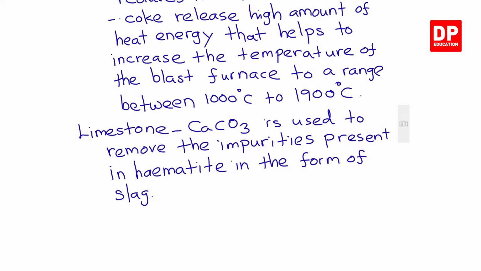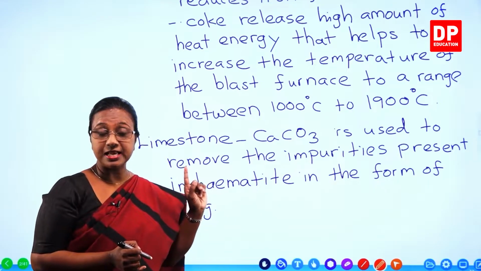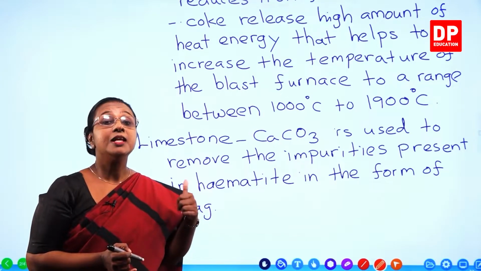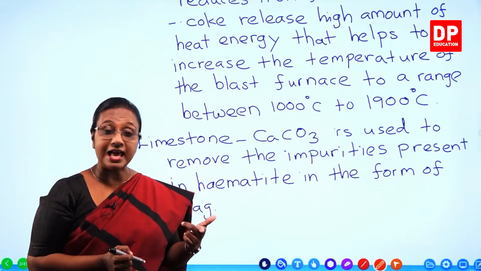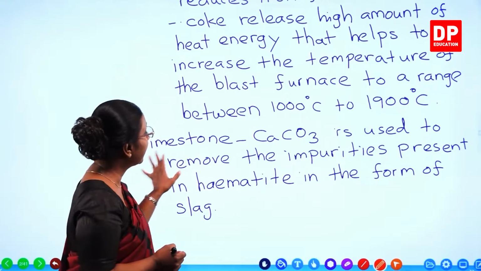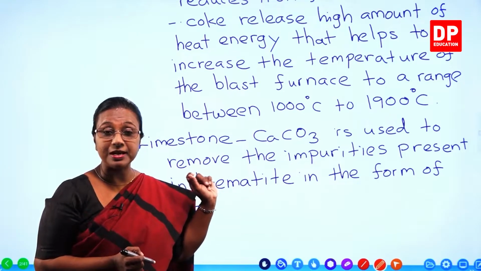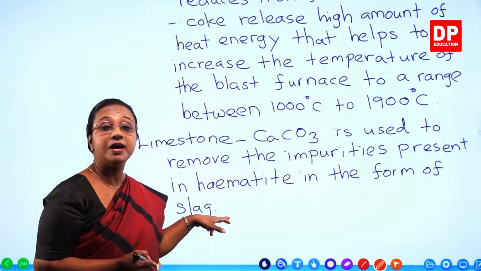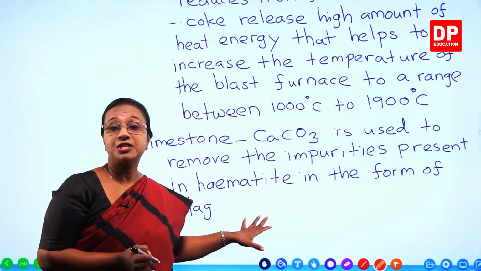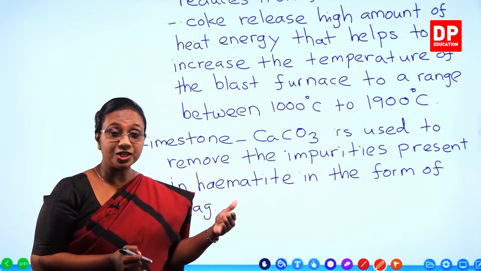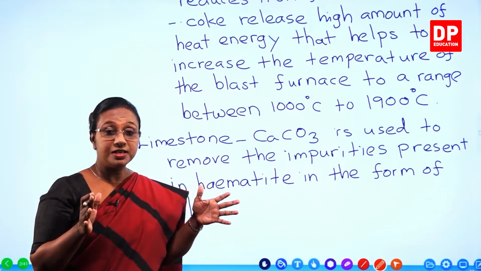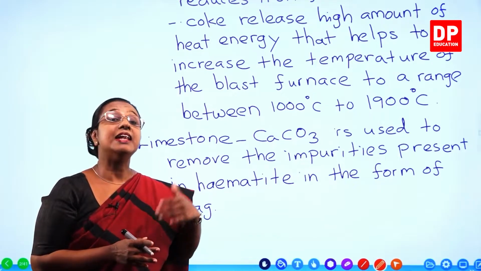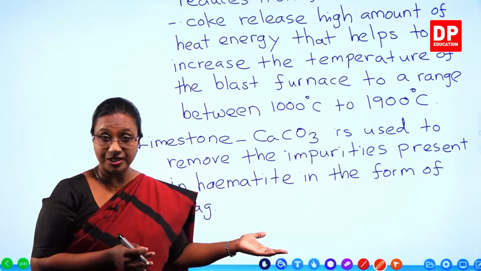Now, when I discuss the process in detail, students, all the reactions, I will explain to you all what the impurities are. There are actually two impurities, the oxide of silicon and oxide of aluminium. They are known as silica and alumina, and they are combined with calcium oxide produced from calcium carbonate and is removed in the form of slag. So, these are all the reactions that are taking place, and there are some more reactions which I will discuss after this. First, I will explain the blast furnace to you all, the structure of the blast furnace, and thereafter we will discuss all the reactions taking place.